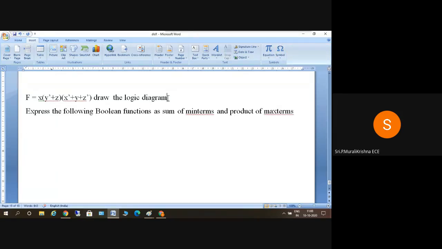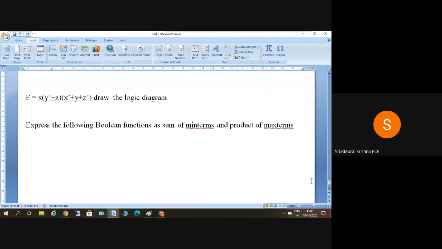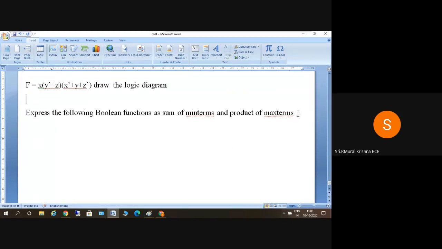Okay, so this is the problem here. Express the following Boolean function as sum of min terms and product of max terms. So the function is B bar D plus A bar D plus BD. Okay, so express this.